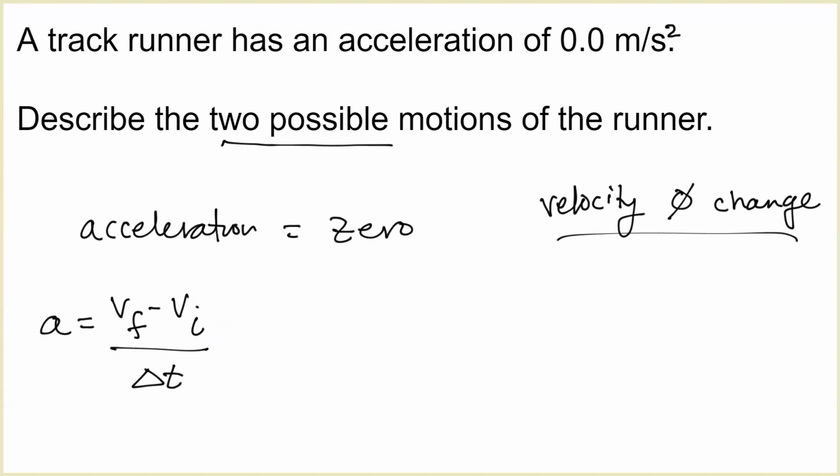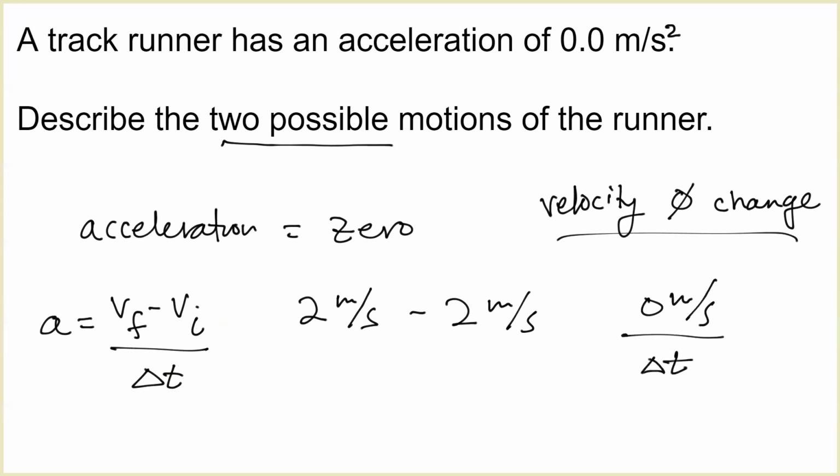Let's say they're both 2 meters per second. Well, 2 minus 2 is 0 meters per second, and if you divide 0 by any number, whatever your change in time is, your acceleration is going to be equal to 0.